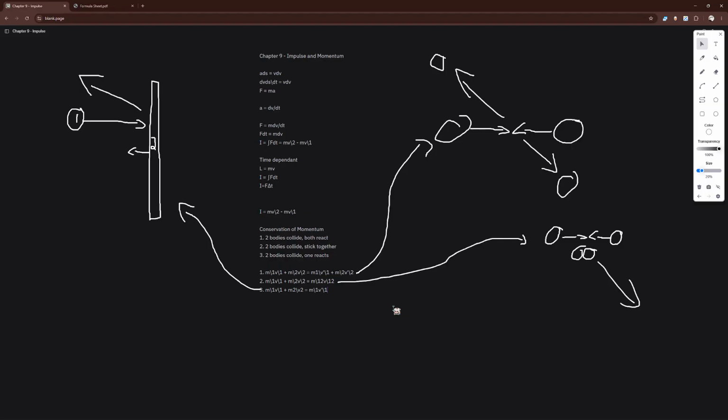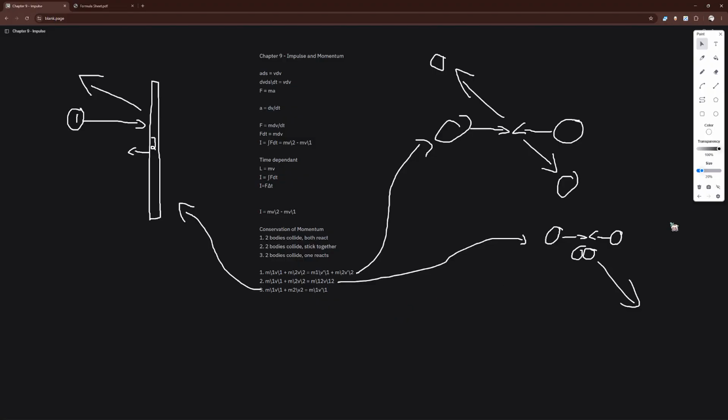So when we have any forces that are non-impulsive, we don't think about them during the analysis. If we're analyzing a system and there's a non-impulsive force, that would be weight, spring, and friction force. Those are non-impulsive.